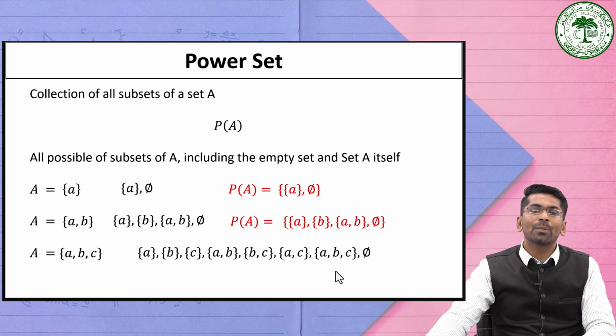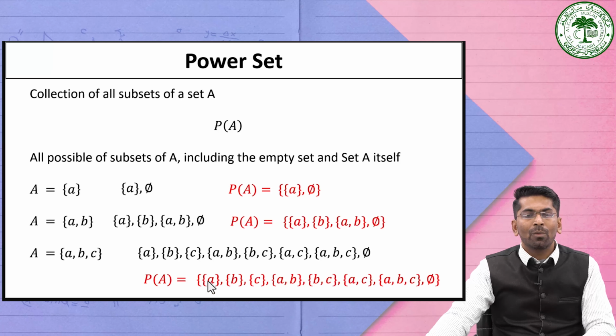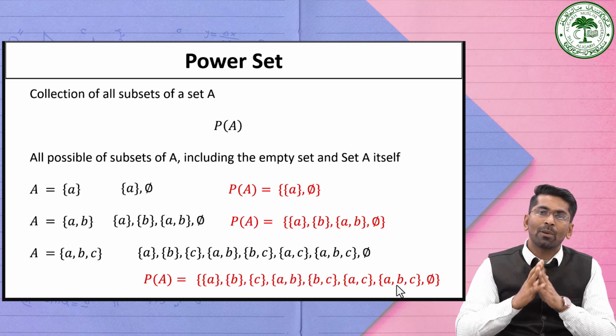We can write the power set of A as {a}, {b}, {c}, {a,b}, {b,c}, {a,c}, {a,b,c} and phi.